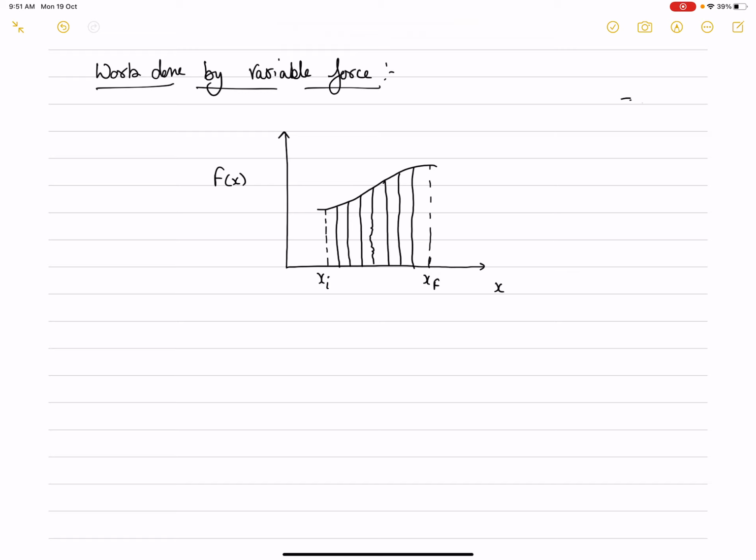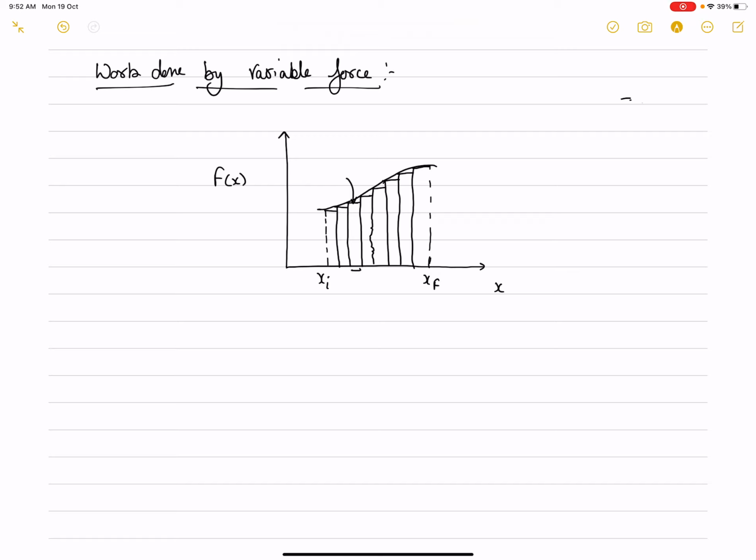Now how do we calculate the work done? We will calculate it by measuring the area of these small rectangles. Let us consider any of the rectangles, say this one.